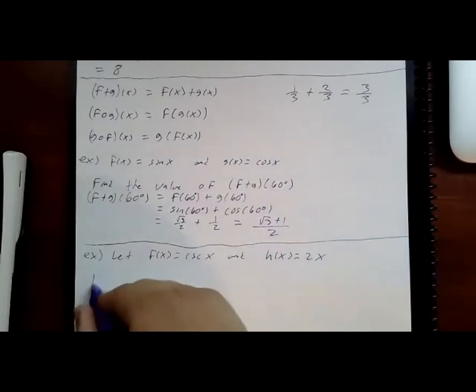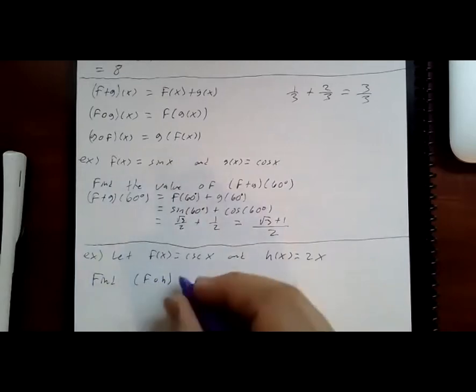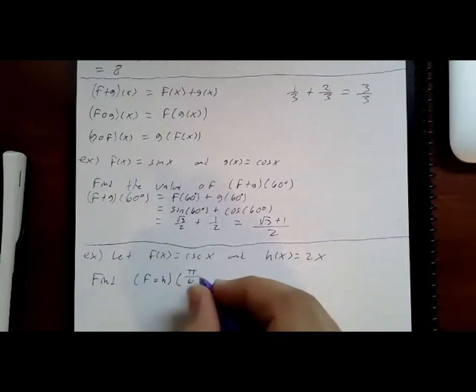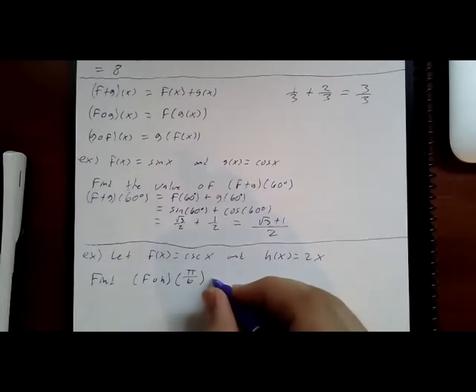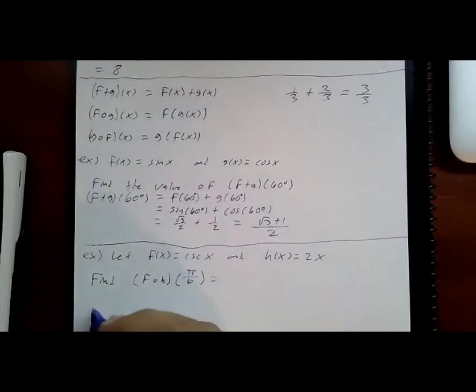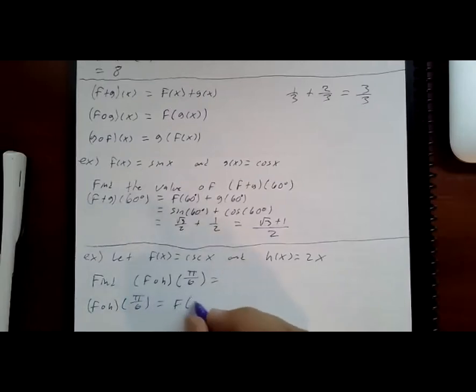Then they'll ask you find f composed with h at a particular angle, pi over 6. And all that means is, I'll write it over here. So this means f of h at pi over 6.